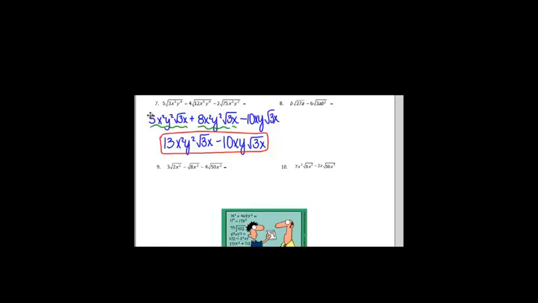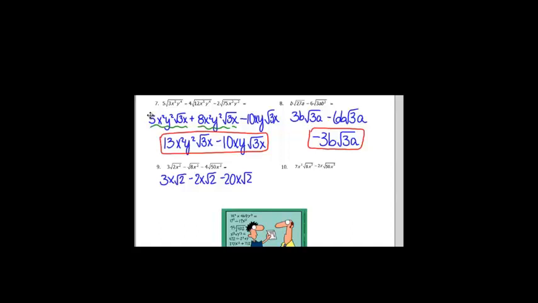In the next example, it's going to be 3b radical 3a minus 6b radical 3a, which is going to be a final answer of negative 3b radical 3a. Number 9, if I simplify each of those, I get 3x radical 2 from the first term, minus 2x radical 2, minus 20x radical 2.